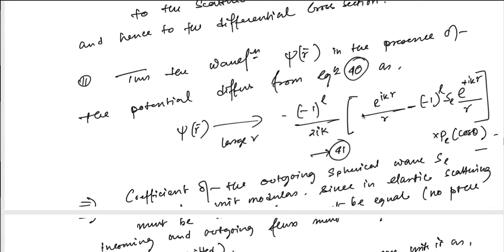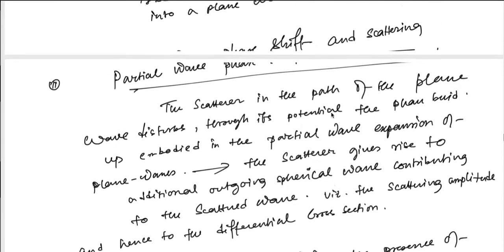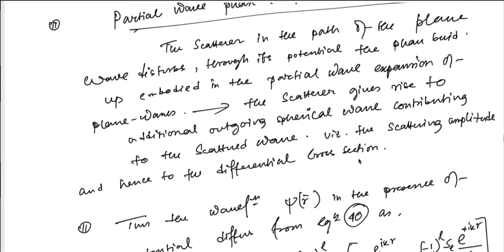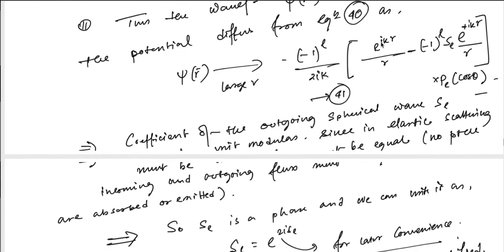Notice that there is only one change we made. There is a minus sign here, and there is a typo where I wrote a plus sign. The only change is the addition of this S_L factor, which is like my S matrix. As we know, this is the incoming part and this is the outgoing part. There is a minus sign here which I missed.